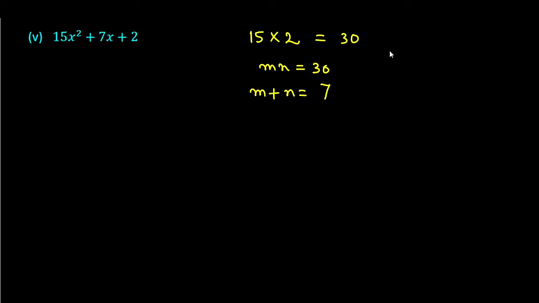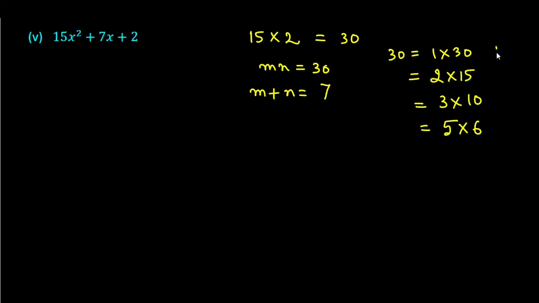So what are the factors of 30? 30 can be written as 1 into 30, 2 into 15, 3 into 10. Then 30 is not divisible by 4. Then 5 into 6. After that 6 is already covered. So these are the only possible ways.